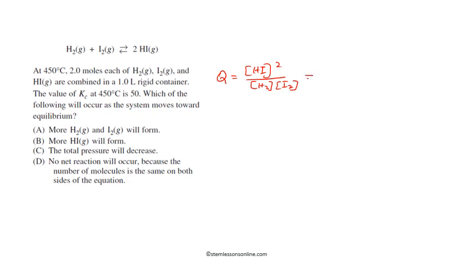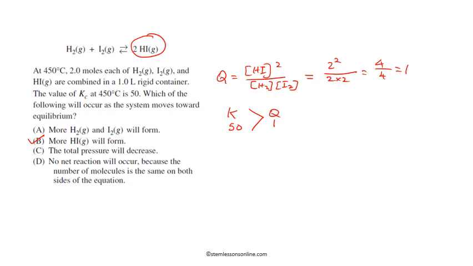So I can just substitute each at 2 moles: 2 squared divided by 2 times 2, that means 4 divided by 4, which equals 1. The K value is given as 50 and the Q value we got is 1. Which is bigger? K is bigger, so the system will shift to the right. That means we will have more hydrogen iodide at equilibrium. So which answer is that? More HI will form.